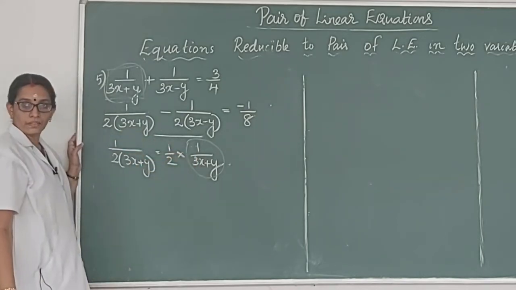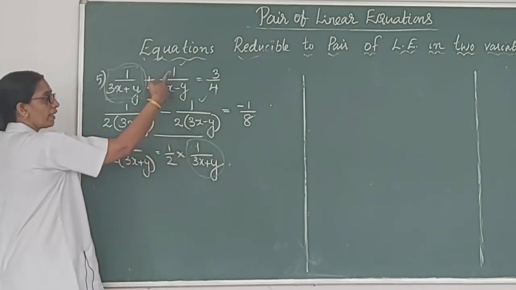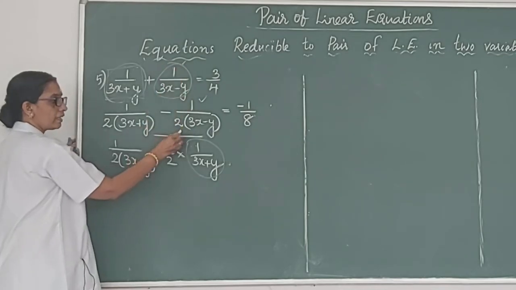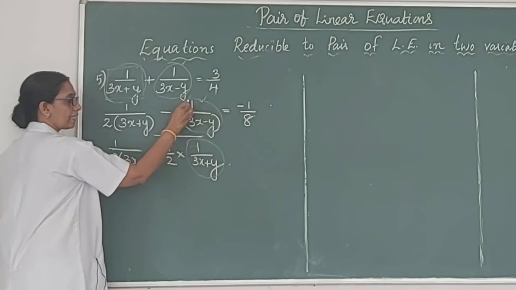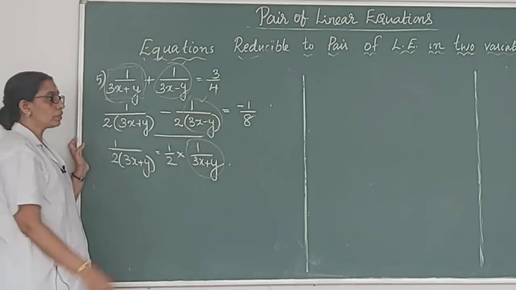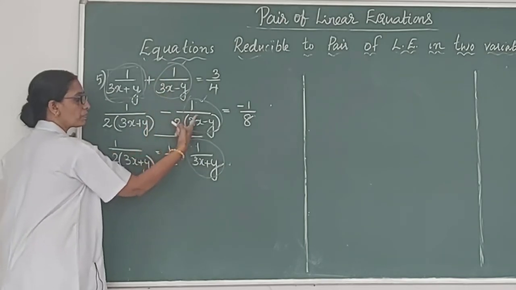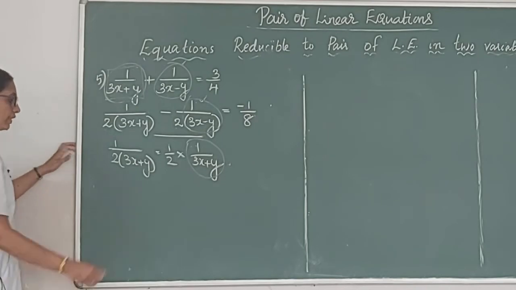And what about the second terms? Here the variable part is 1 by 3x minus y, and here also it is 1 by 2 into 1 by 3x minus y. So we have to give the second substitution for 1 by 3x minus y. Okay children. So what we have to take?